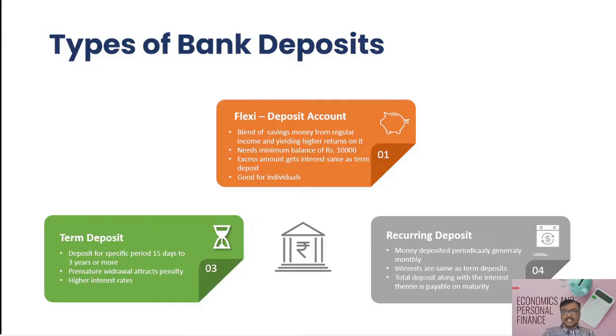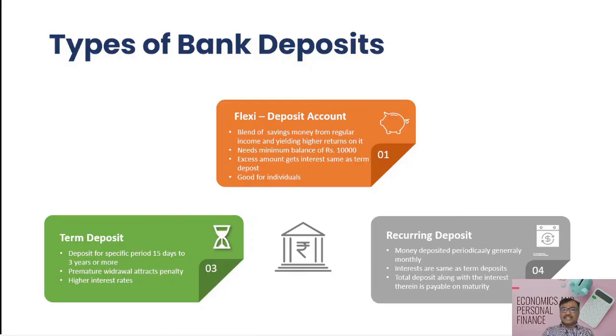The second type of deposit account is called a term deposit. Colloquially, in common man's language, we call it a term deposit. It has different lock-in periods ranging from 15 days to 5 years. The interest rates for term deposits are linked with the policy set by RBI, called monetary policy.